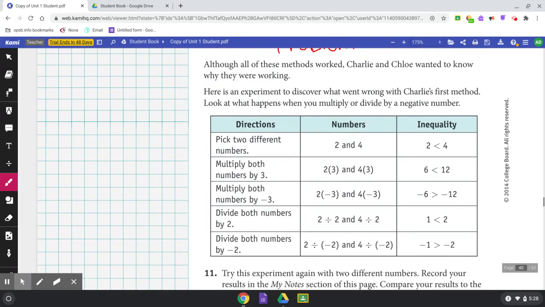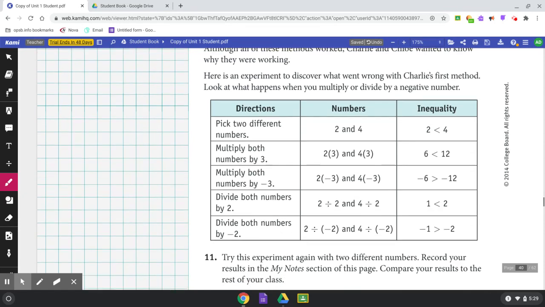Although all these methods worked, Charlie and Chloe wanted to know why they were working. Here's an experiment to discover what went wrong with Charlie's first method. Look at what happens when you multiply or divide by a negative number. So this is going to explain why Charlie's idea is true.